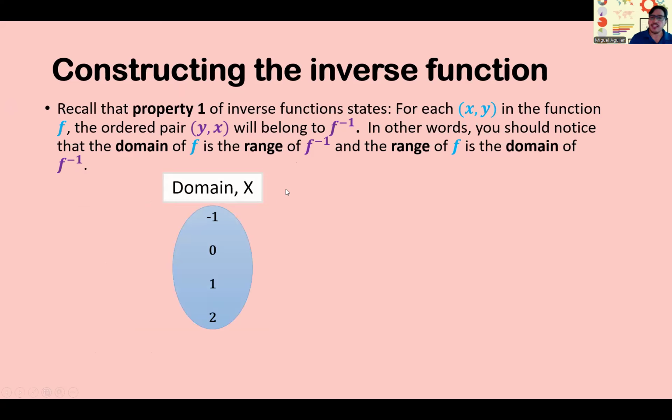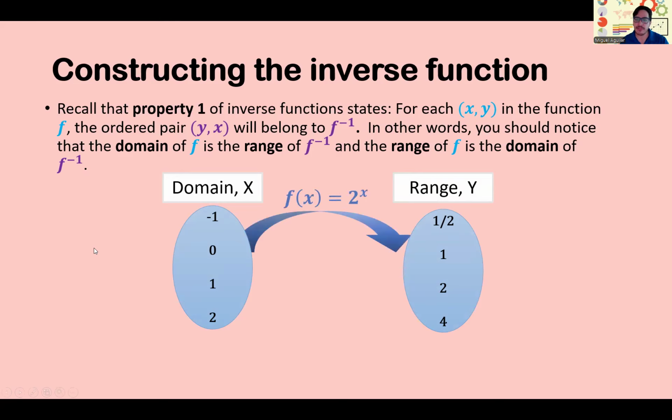So if we have our domain for our original function, let's say we have the x values -1, 0, 1, and 2, then we should be getting this range 1/2, 1, 2, and 4. Okay, and remember, the original function we're working with is f of x is 2 to the x power. So these x values are just numbers that we chose arbitrarily.